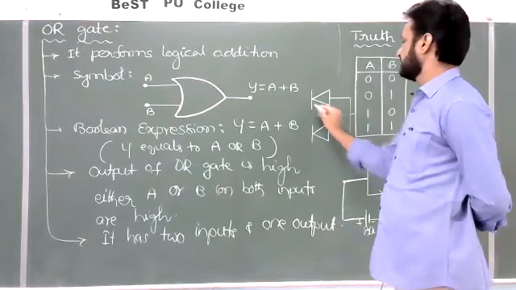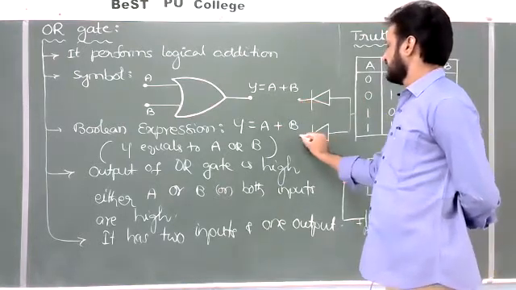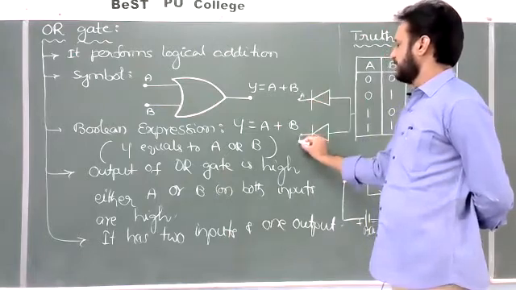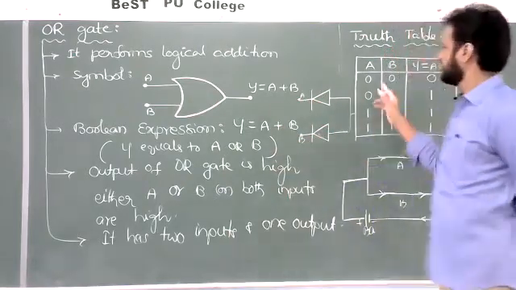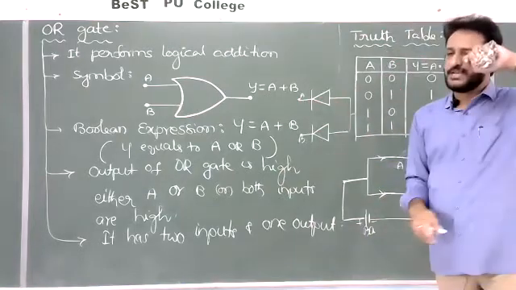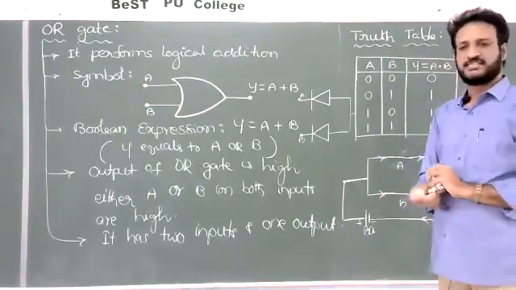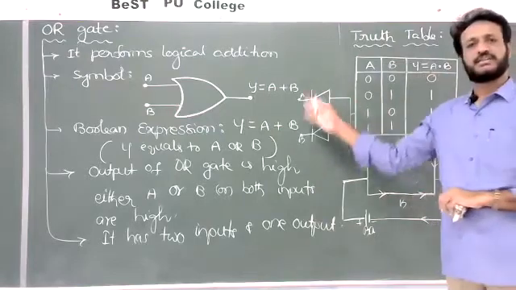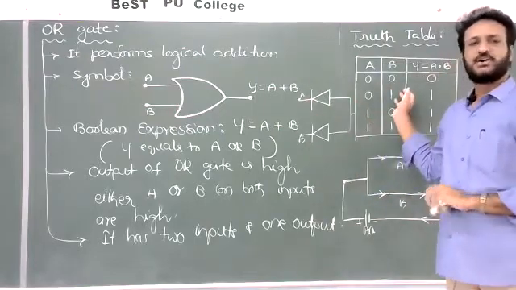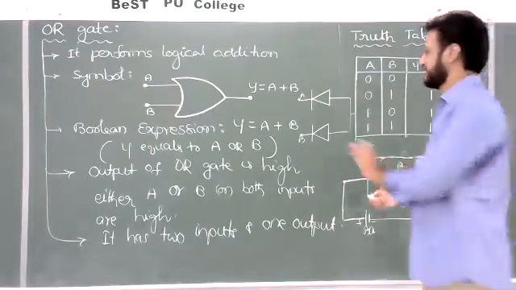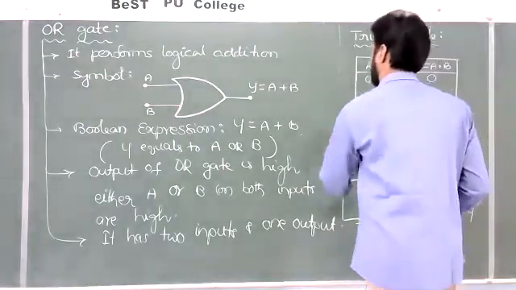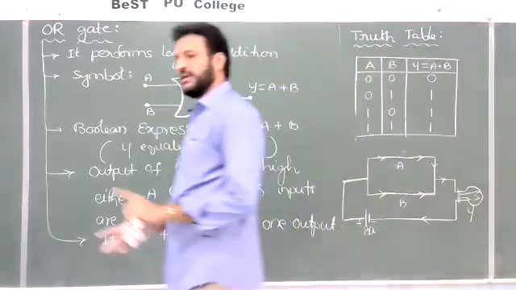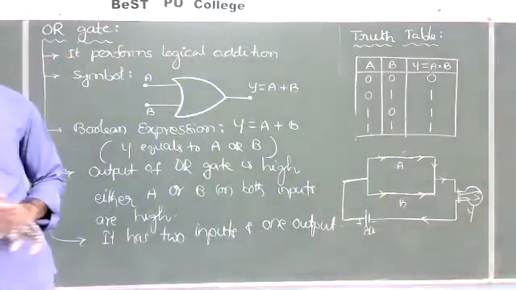So it is input A, it is input B, and connected to the ground, and then we have to write A is equal to 0, B equal to 0, and both will not allow the current. So the output is low, and in all the remaining cases the output is high. That is about the OR gate. AND gate, OR gate: these two perform one logical multiplication and one logical addition.